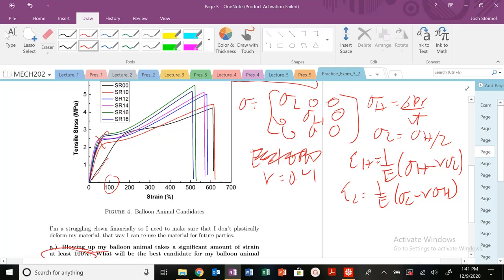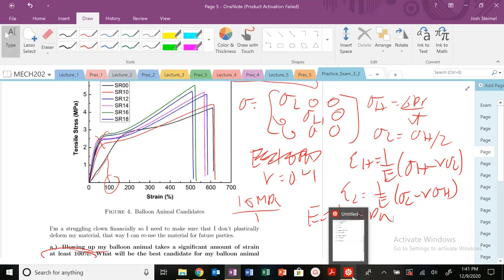I'm just going to say that at about 1.5 megapascals, so my stress is equal to 1.5 MPa, and that occurs at about 100% strain. So that's going to be a value of 1. So my Young's modulus for this very particular polymer material is going to be 1.5 megapascals, stress divided by strain, those are going to be those values.